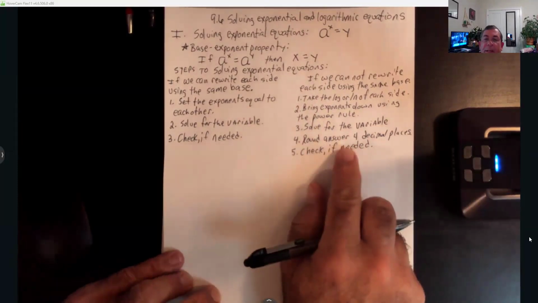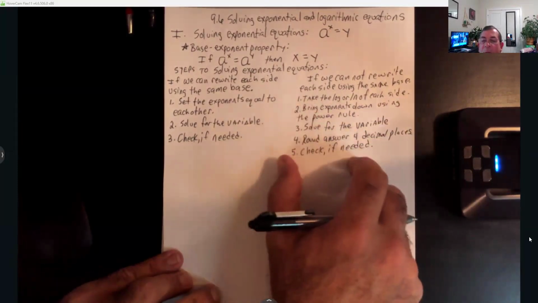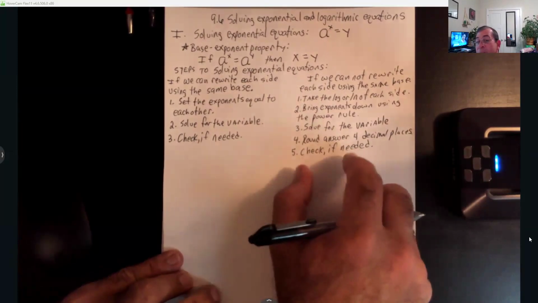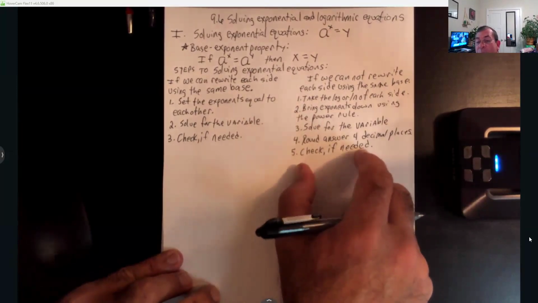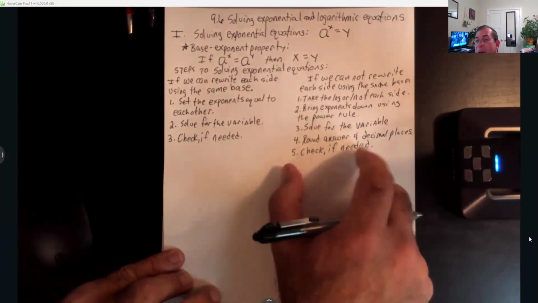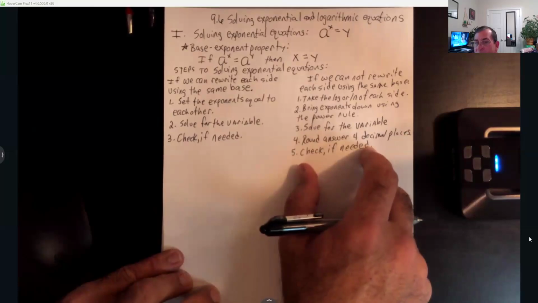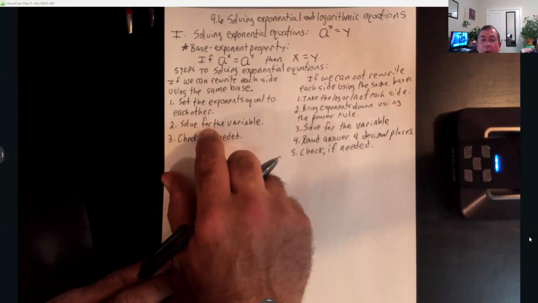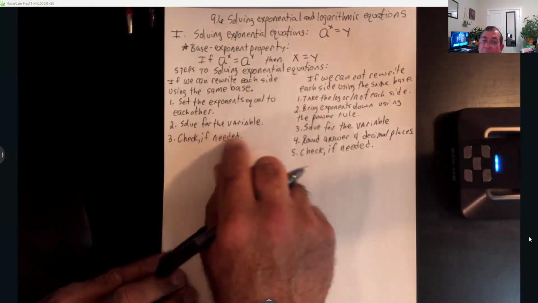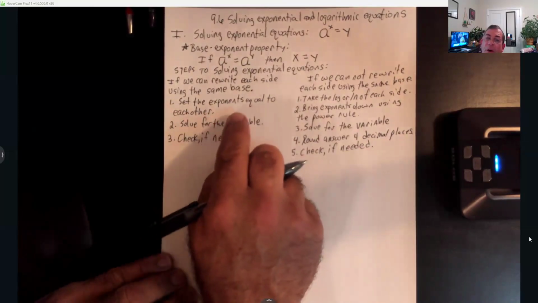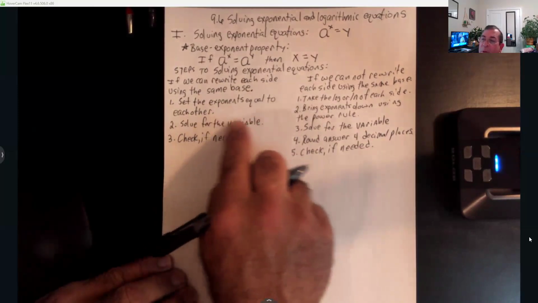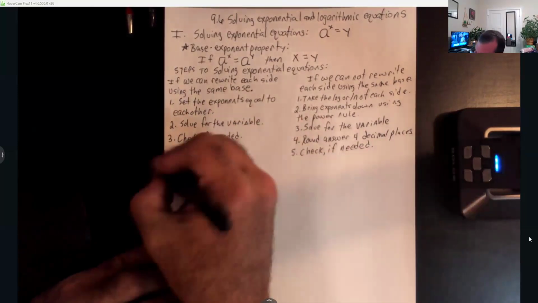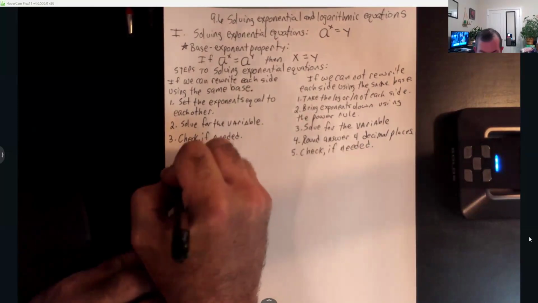So you'll see that these, where we cannot rewrite, we're going to be left with our LNs or our logs. So we're going to be forced into rounding those off to 4 decimal places, okay? So you will definitely need a calculator for this part. Over here, if you can rewrite them as the same base, then all you're doing is solving for those exponents, okay? So y'all, let's play with some examples.